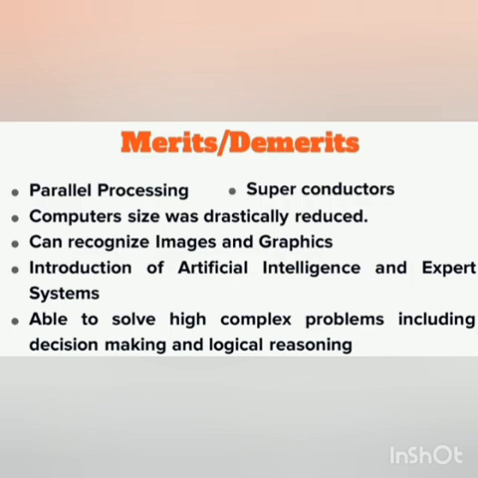Last one is to solve highly complex problems, including decision making and logical reasoning. The computer has been programmed to make decisions. It is capable of deciding whether to continue or not, based on a certain situation, or in an unconditional situation, it will decide automatically.